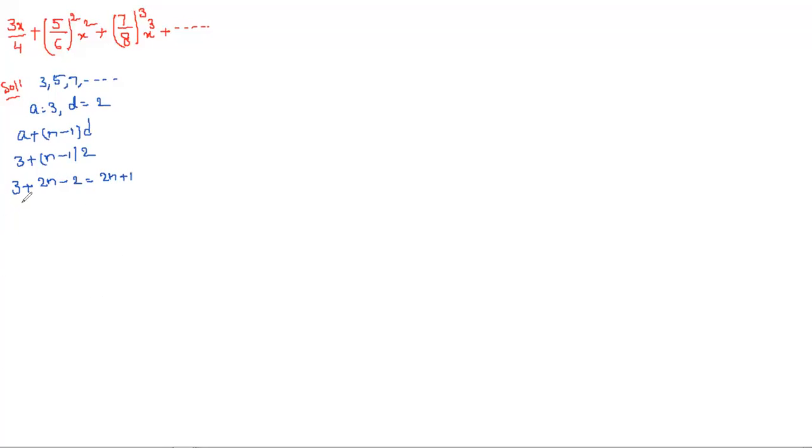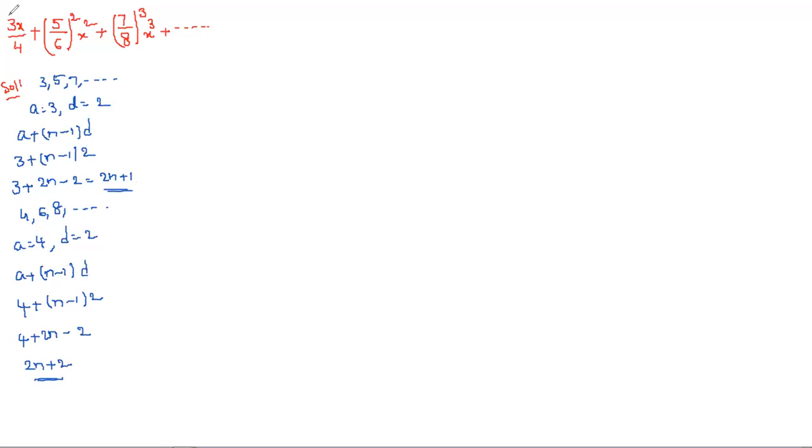Coming to the denominator, 4, 6, 8 and so on. Here also, a = 4 and the difference d = 2. So a + (n-1)d is 4 + 2n - 2, that is 2n + 2. This is in the denominator, and 2n + 1 is in the numerator.